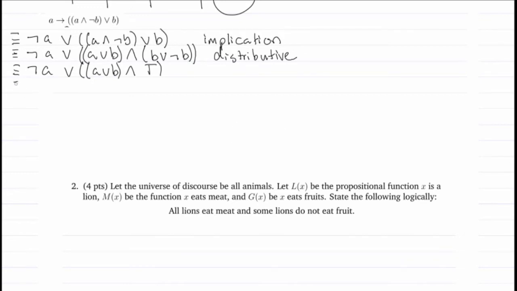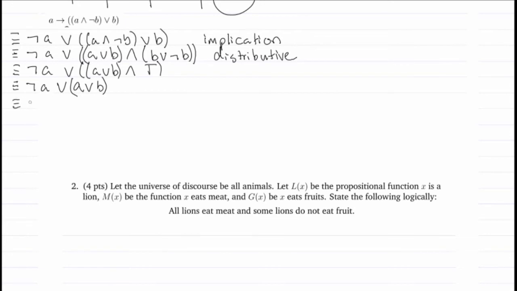Next, whenever you have a true ANDed with something, we know that the result is always going to be that statement. So this just becomes not A or A or B. Again, please refer to your tables because I can't have it on the side over here, and I apologize for that.